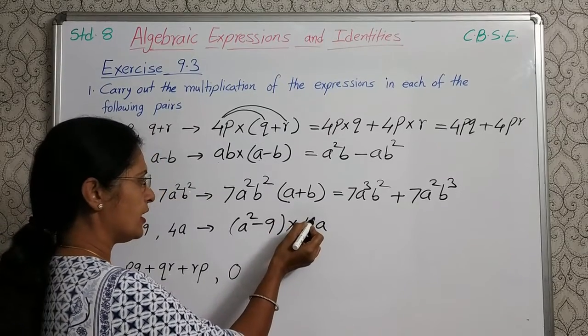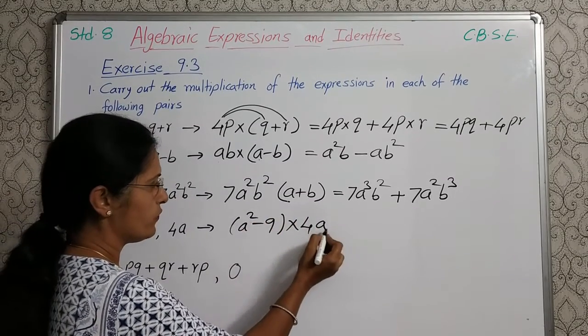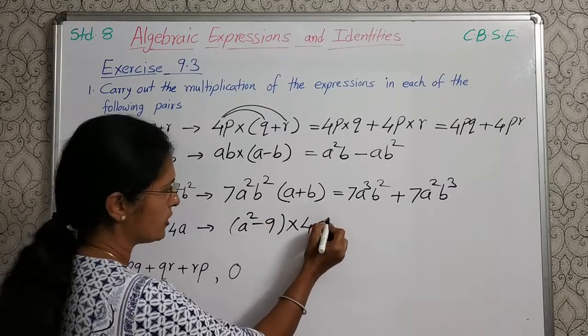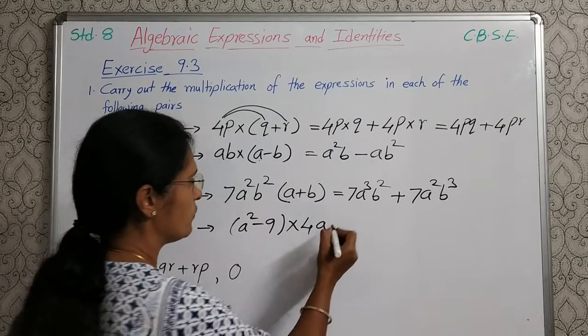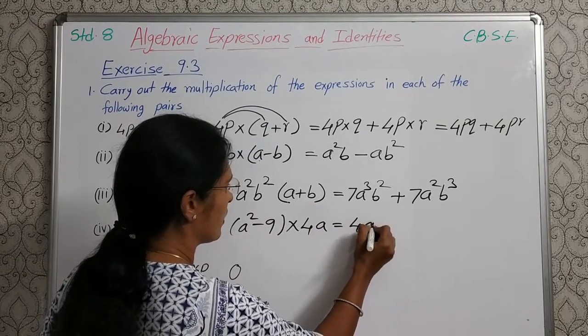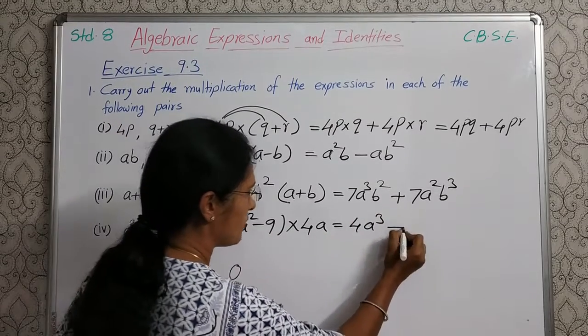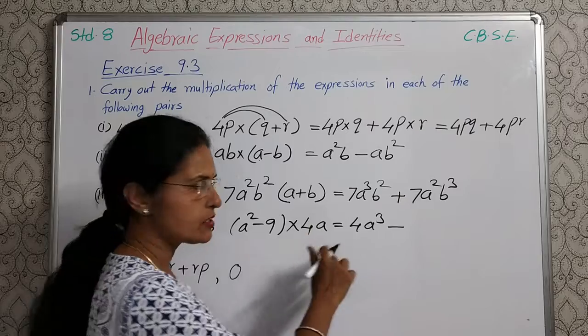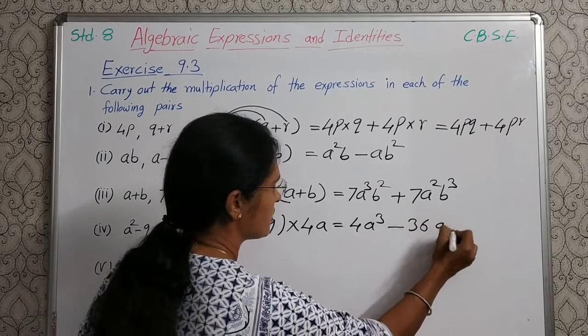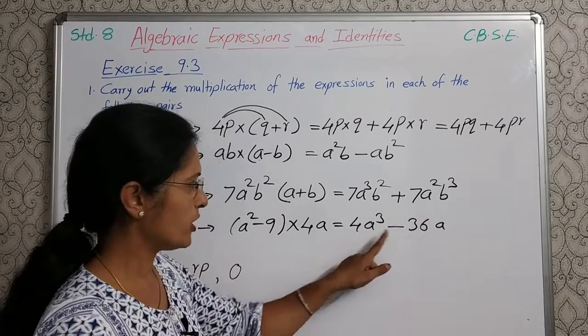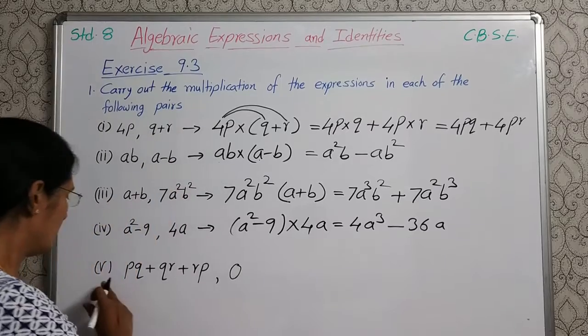So 4a into a square, it will be 4a cube. Here 2 and here 1. So it will be cube, 4a cube. Then minus 9 into 4a. So minus 9 4s are 36a. So this is the product, 4a cube minus 36a.